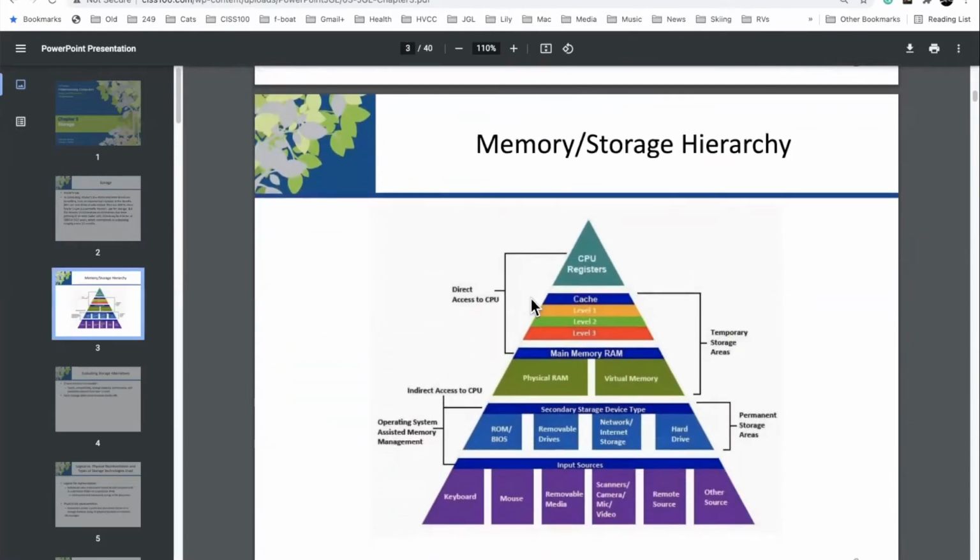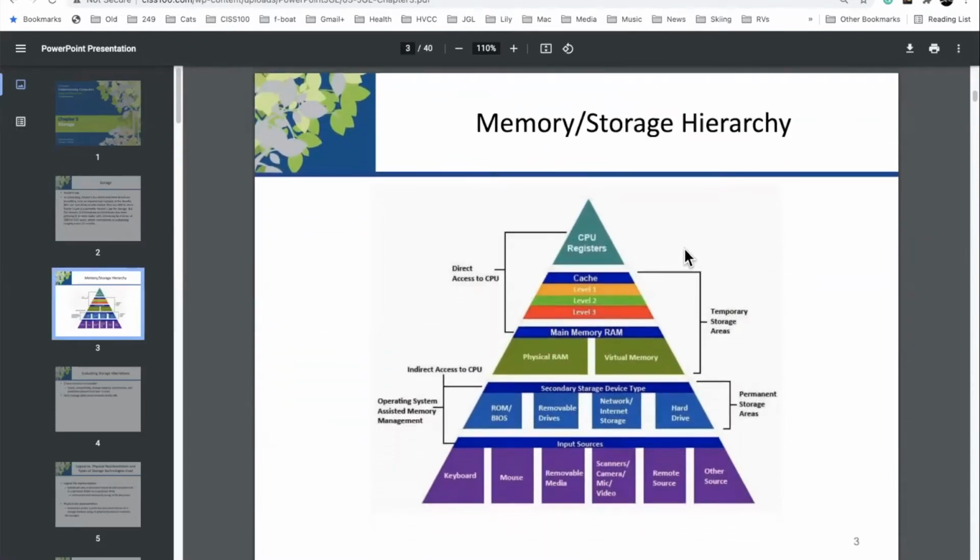I brought this slide forward from this chapter into the previous chapter. So we've seen this before, the memory hierarchy. We know that the fastest circuitry in the computer, of course, is the CPU, operating billions of cycles per second, gigahertz. We know it's very expensive. I'm talking about the register circuitry that complements the CPU, actually exists on the central processing unit.